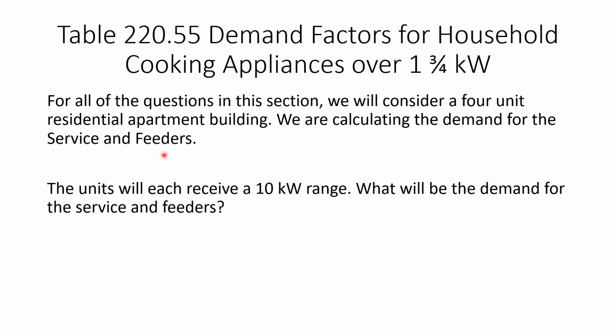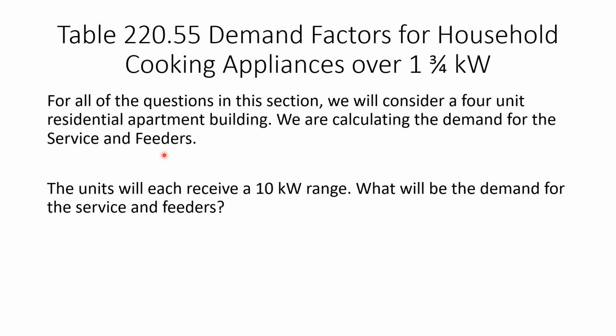The whole reason that we are doing this adjustment is because this is residential, and we know that we're not going to be using all of our cooking equipment all the time, right? And usually when we use it, we're not going to use all of it. We're just going to use one or the other, and not everybody in the whole building is going to be using it at the same time.